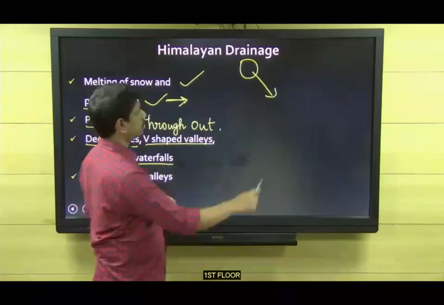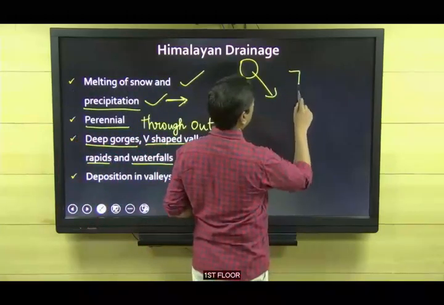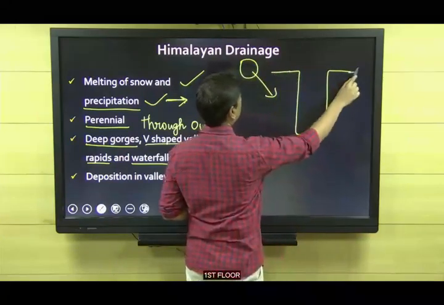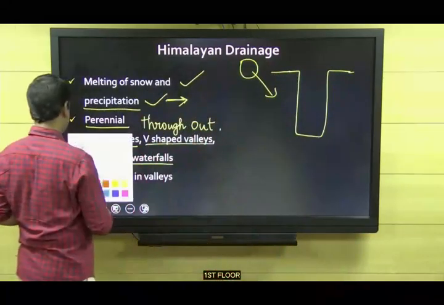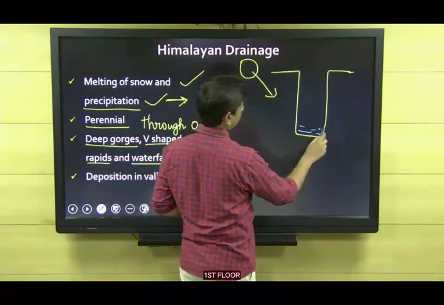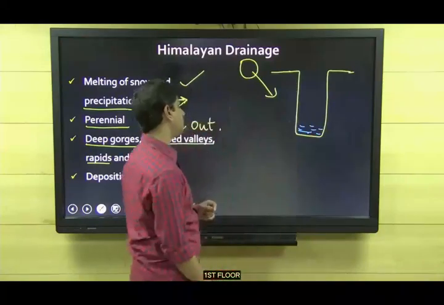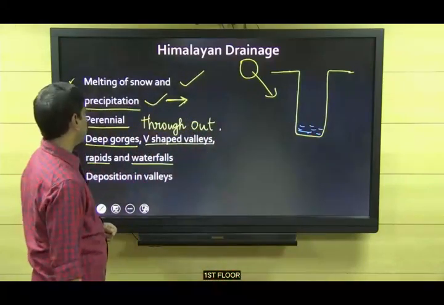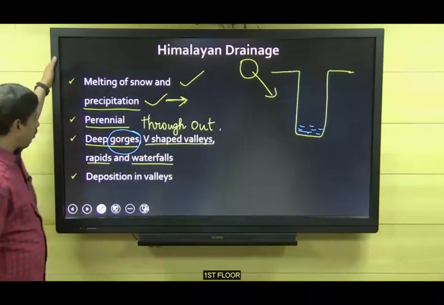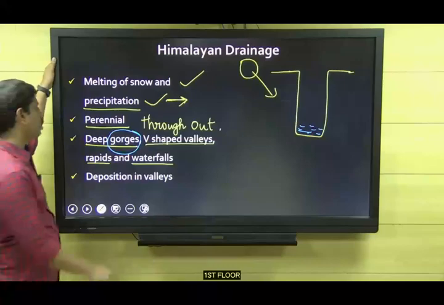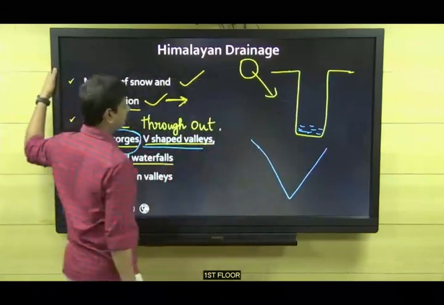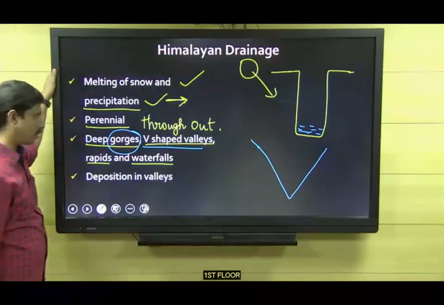I don't know whether I have discussed with you what a gorge is and what a V-shaped valley is. If the slope of the valley is vertical, with the river flowing in between, then it is termed a gorge. When I dealt with the Himalaya, I told you about the gorge. A V-shaped valley, as the name suggests, is V-shaped.